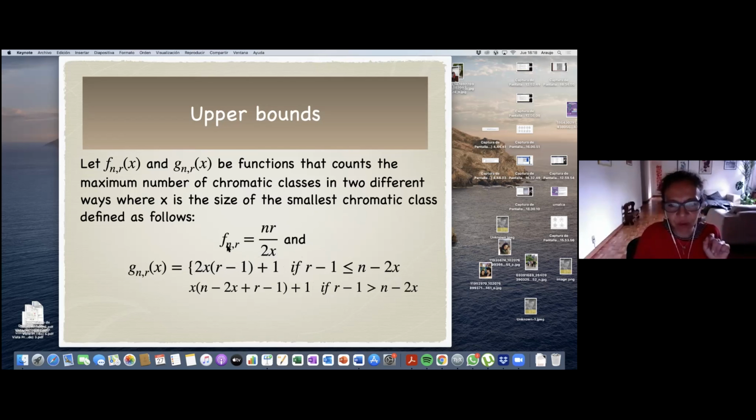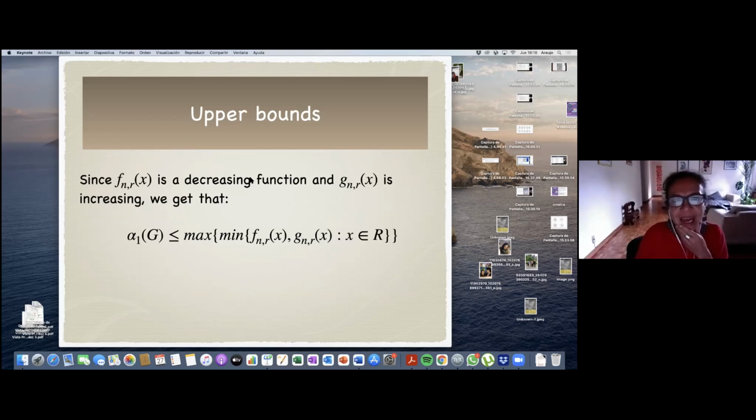And with these two functions, as we have a decreasing function here and an increasing function here, we have the upper bound; this is the calculation for the upper bound.